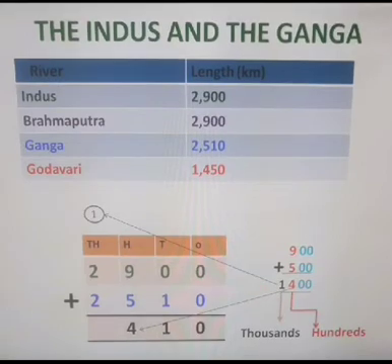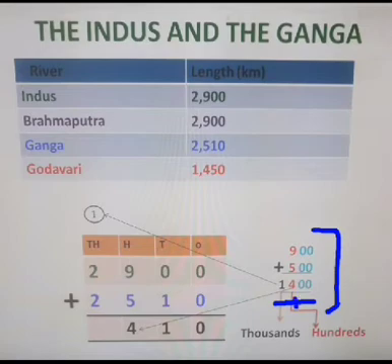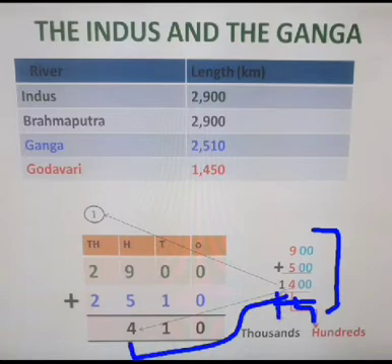But we will write only numbers after removing these zeros. These zeros are just for reading. So, here this 4 is in the hundreds place. So, we will write this 4 under the hundreds column. And this one is in the thousands place. So, we will write this one as a carryover to the thousands column.